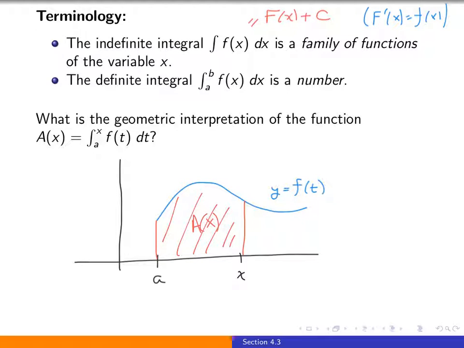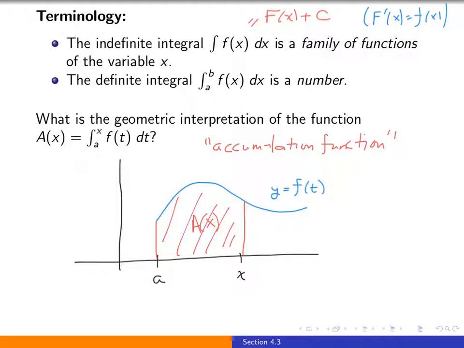And this function A of x, I personally think of it as being an area function because you're calculating this net difference of enclosed area. But in terms of the textbook, they will refer to this as an accumulation function. You're measuring how much has accumulated underneath the curve.